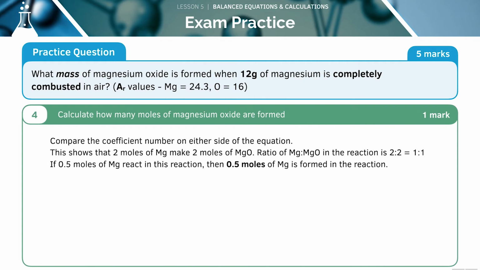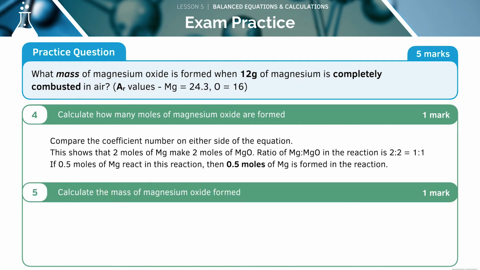We can calculate the number of moles of magnesium oxide made from the number of moles of magnesium we calculated in step 3. We find this by comparing the coefficient number on either side of the equation.